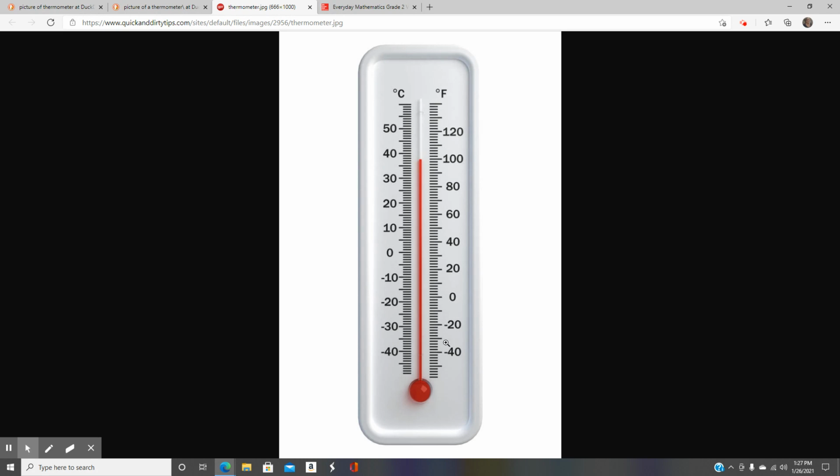And then in between these lines, since this is counting by 20s, each line in between would show another count of 10.